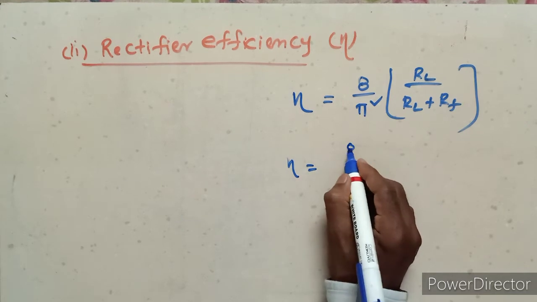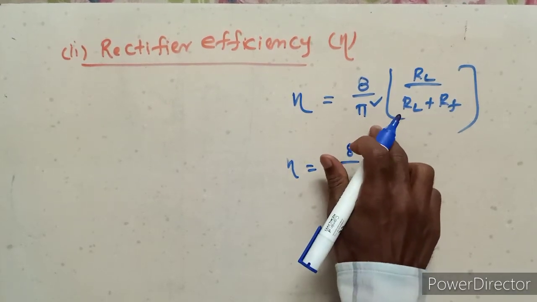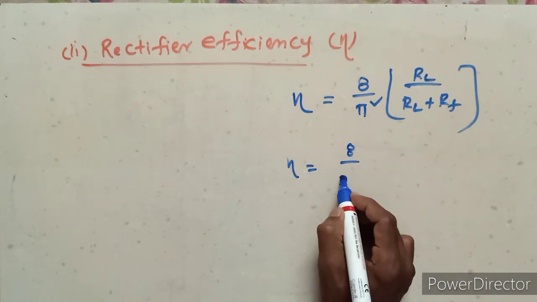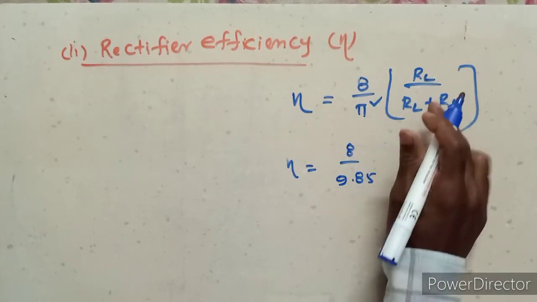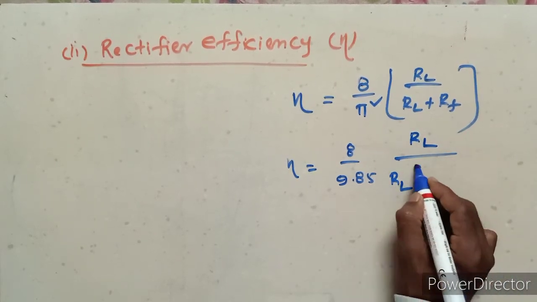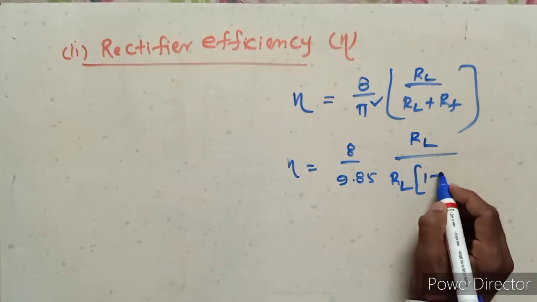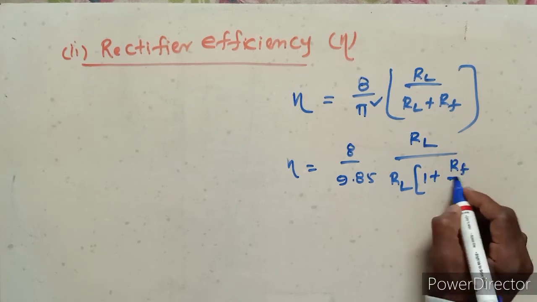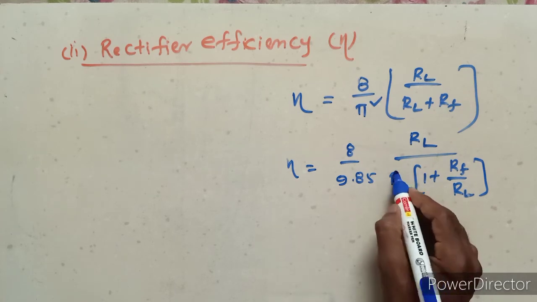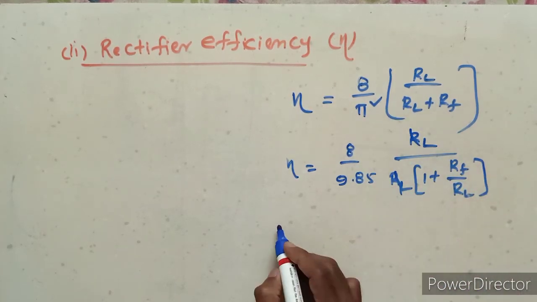Eta equals 8 upon pi squared, where the value of pi is 3.14. 3.14 into 3.14 is 9.85. Taking RL common in the denominator, RL cancels.